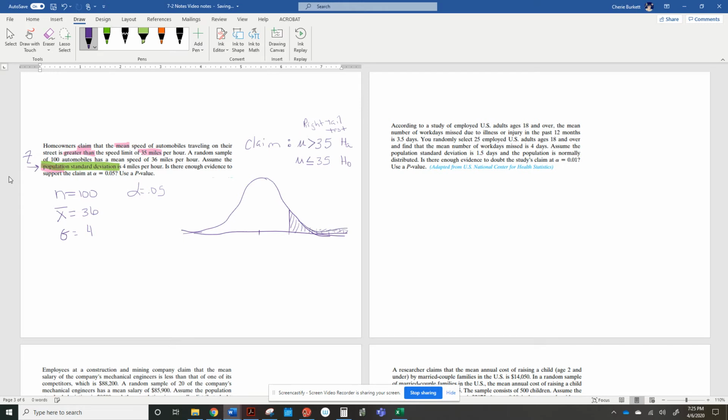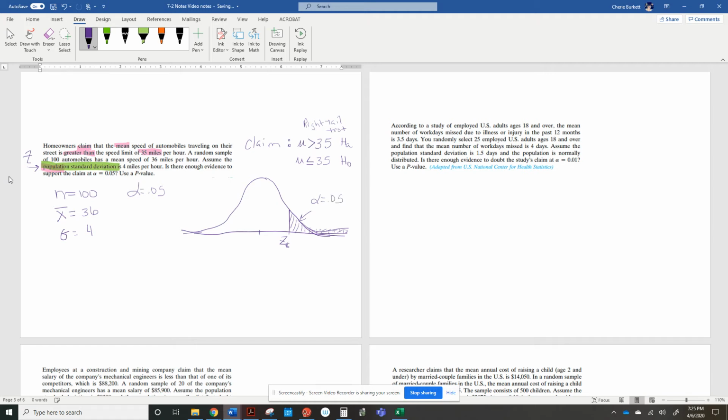My curve is really ugly, sorry. And so I need to find the z value for my critical value. This alpha right here is 0.05.